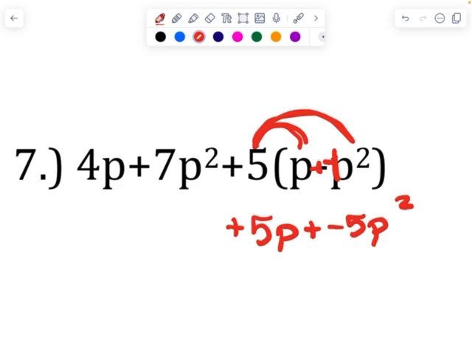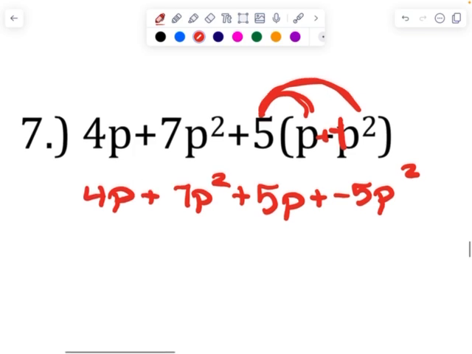I'm going to carry everything else down. And now I'm going to look. Hopefully you see that you can reorder using the commutative property to get like terms next to one another. I'll get my p squareds together. So 7p squared plus negative 5p squared.